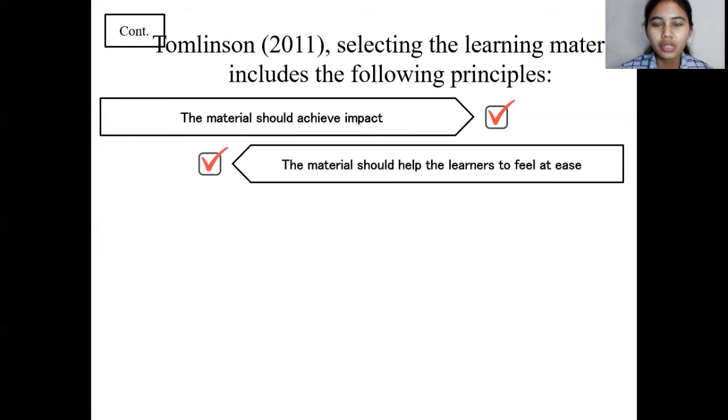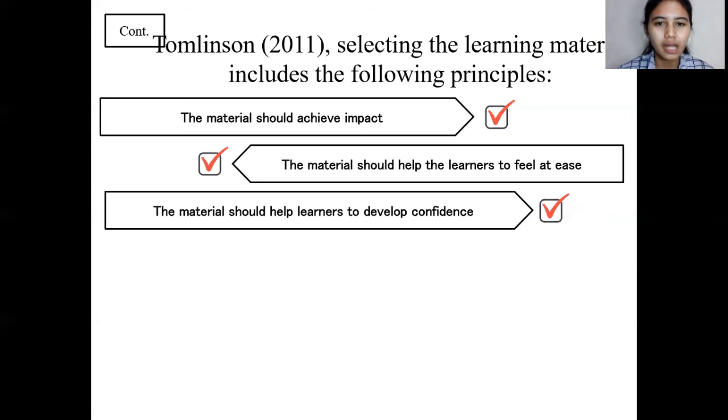The material should help the learners to feel at ease. Of course, when students learn something, they should feel comfortable first and then relaxed to learn the material. So they will understand the material easily based on their motivation.